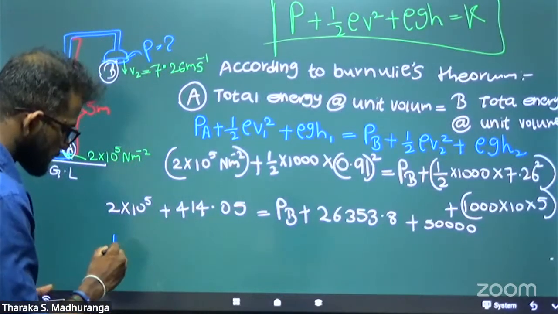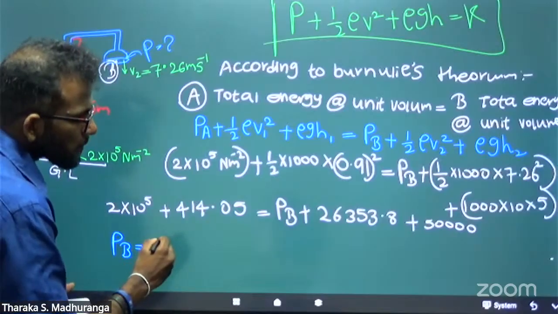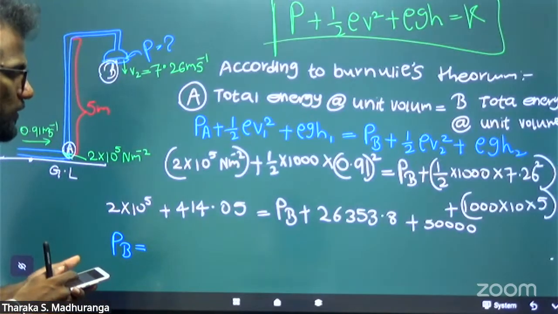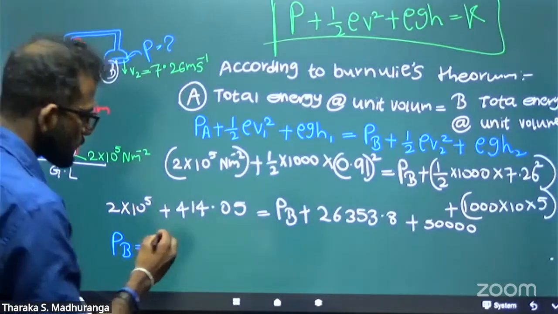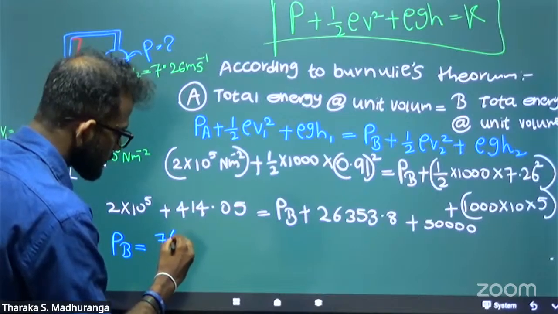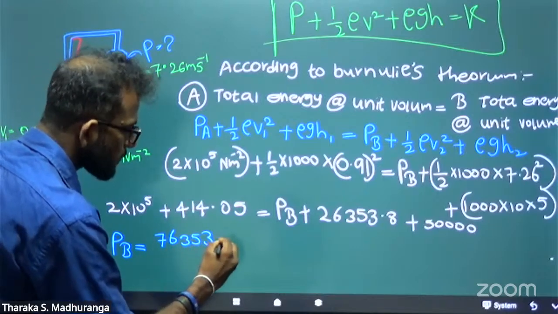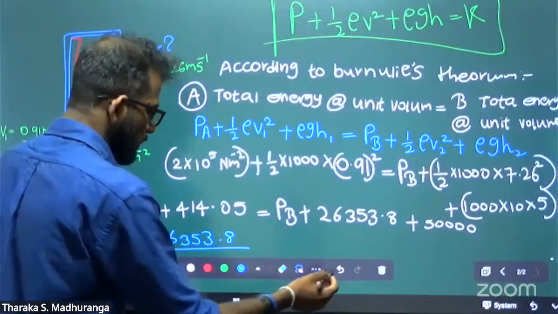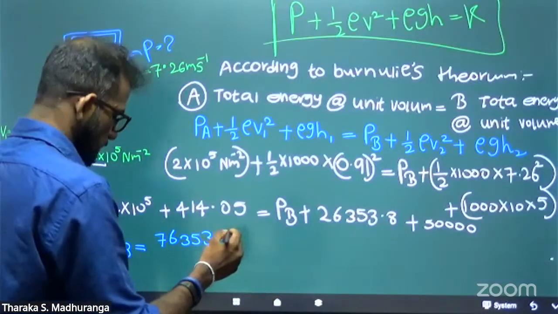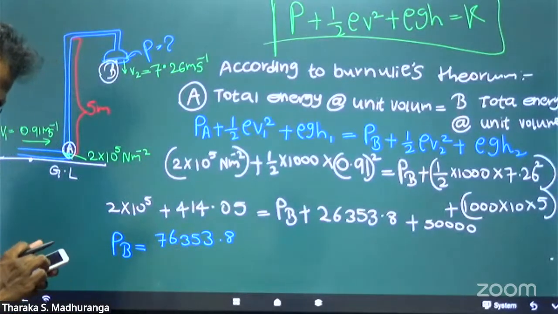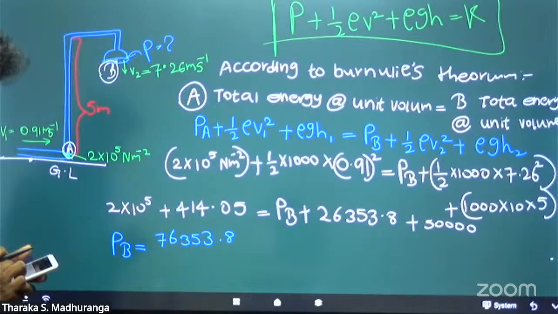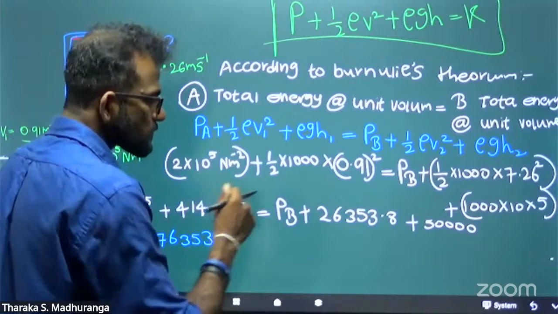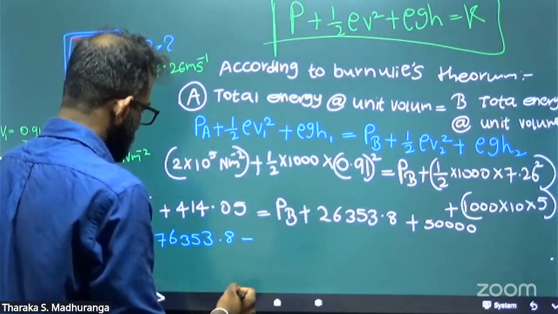PB equal 50,000 plus 26,000, then 76,353.8 divide by, not divide, subtract. Subtract, no? Yes, subtract this value.